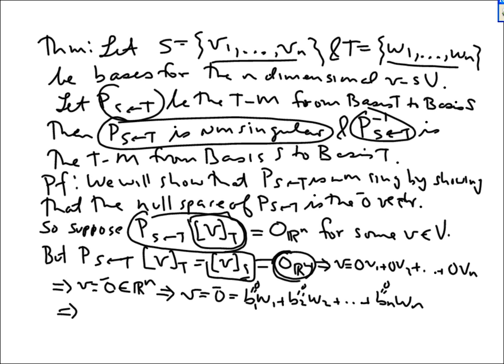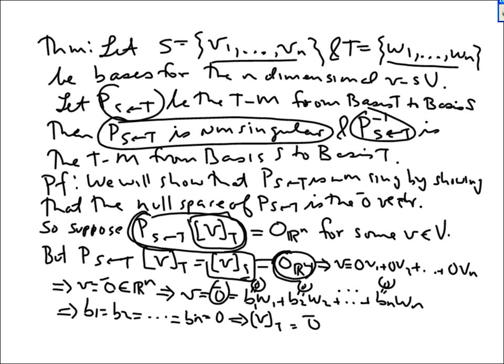That is 0 times w1 plus 0 times w2, etc., to the end is going to give you the zero vector, which is v. But the zero vector is uniquely defined as a linear combination. That implies b1 equals b2 equals bn, all zeros. Well, that implies that the vector v with respect to basis T is 0, 0, dot, dot, dot, 0, the zero vector. But that's what we wanted to show.